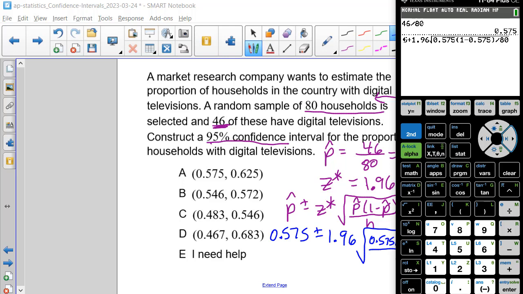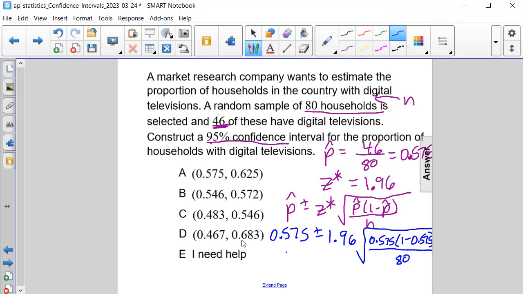And now I can get out of the root. Okay, so our upper bound is going to be 0.683. And so far it looks like it's going to be D because that's the only one that has it.